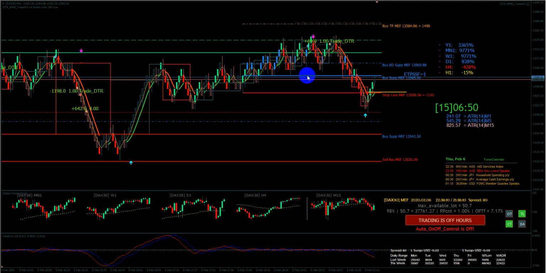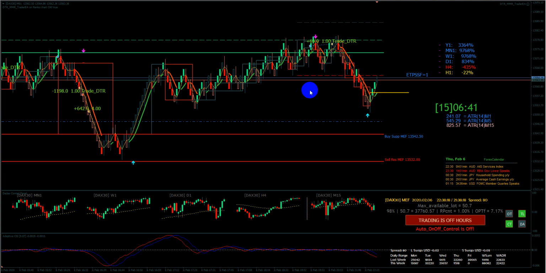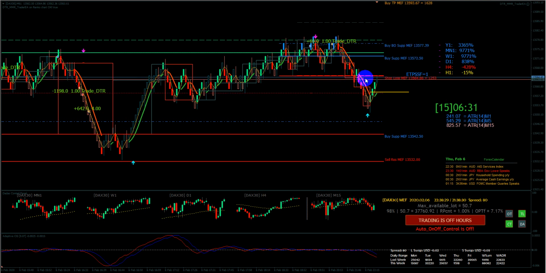So when the price moved away, I then took it to this level, and I moved the stop loss to this level.